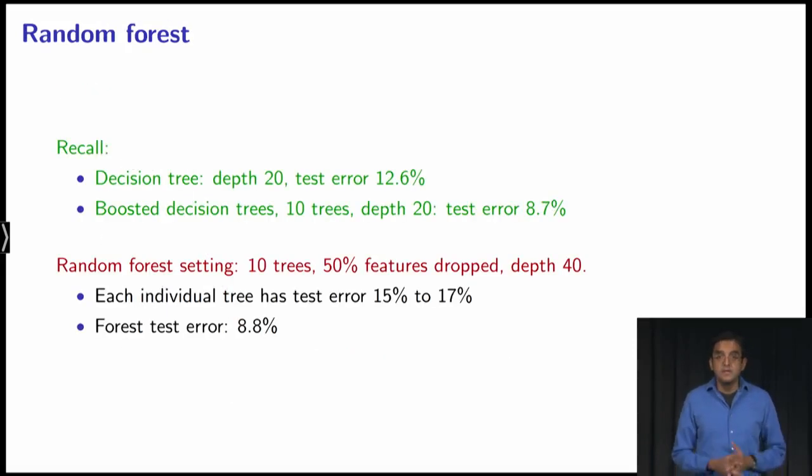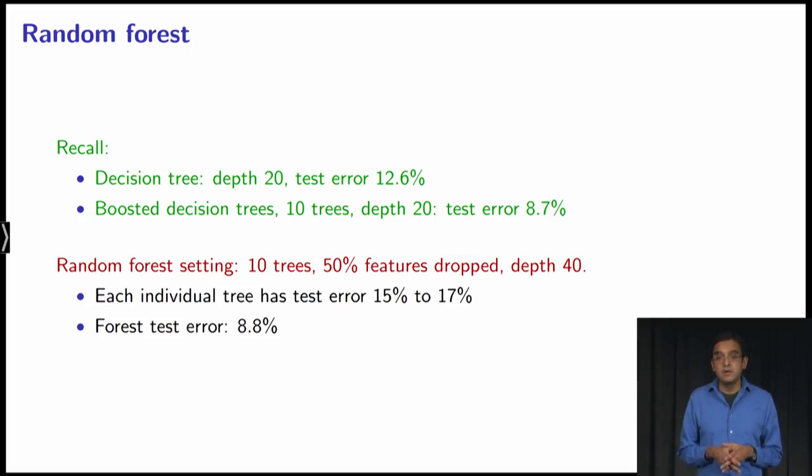Okay, so let's see what happens when you build a random forest on this data. We decided to use 10 trees. Now if you recall, when you're building a random forest, at each split, you don't allow yourself to use all possible features. You pick some fraction of them at random, and then you restrict attention to just those features.